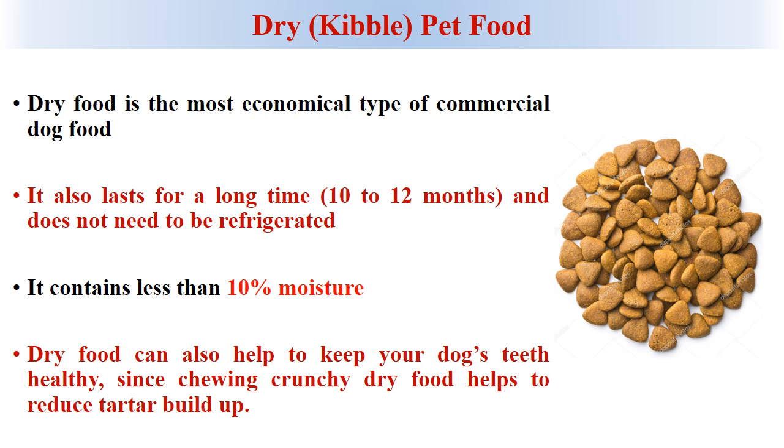We can store it for 10 to 12 months because it has very low moisture, below 10%, and it does not need any refrigeration because it contains only 10% moisture and it is already heat processed, so there will be no microbial contamination. Dry food can also help keep the dog's teeth healthy, since chewing crunchy dry food helps in reducing tartar buildup. Tartar buildup is a common problem in canines. So this kind of food helps in keeping dental health better.